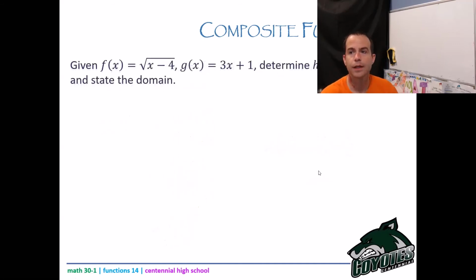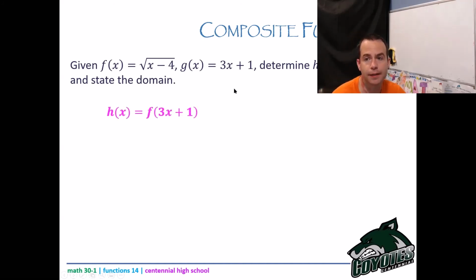Given f of x equals root of x minus 4, and g of x is 3x plus 1, determine h of x if h of x is f composed with g of x, and state the domain. So really, it's the same question as the last one I just gave you. It's just two different functions now. So h of x is f composed with g of x.